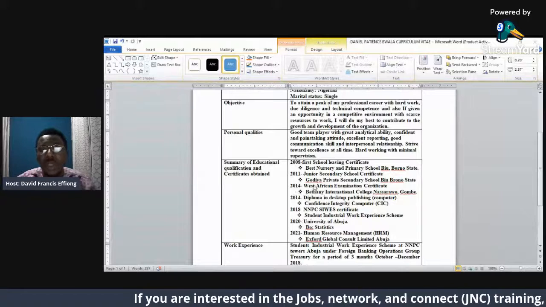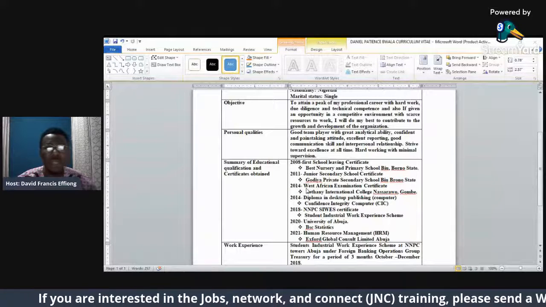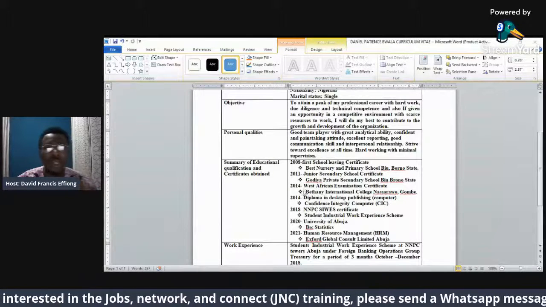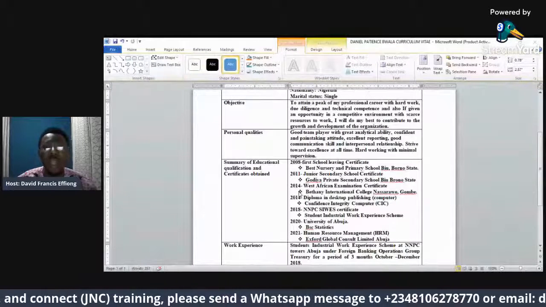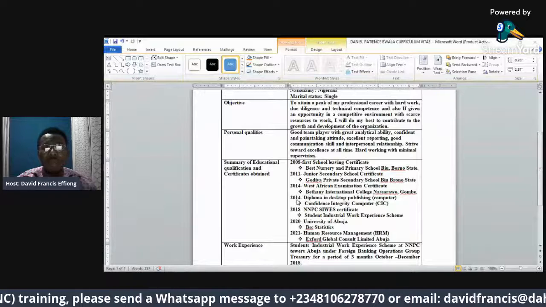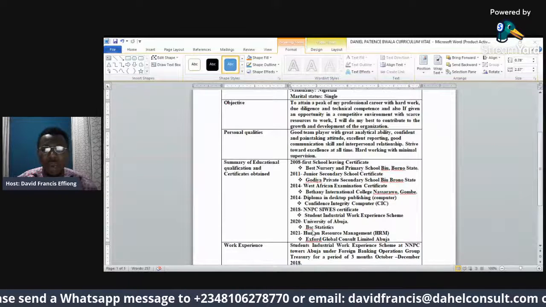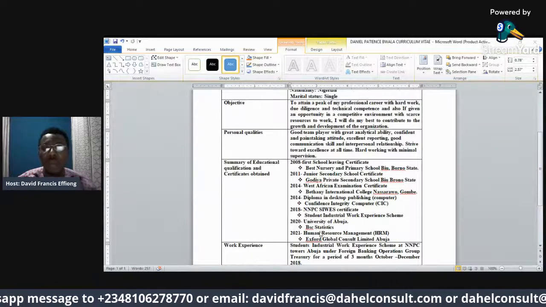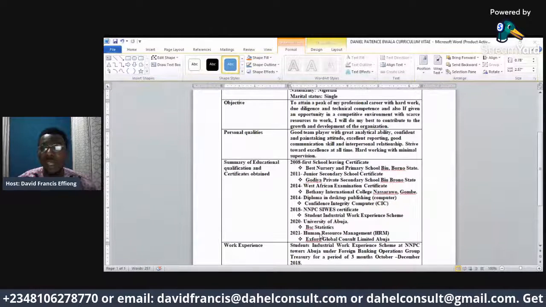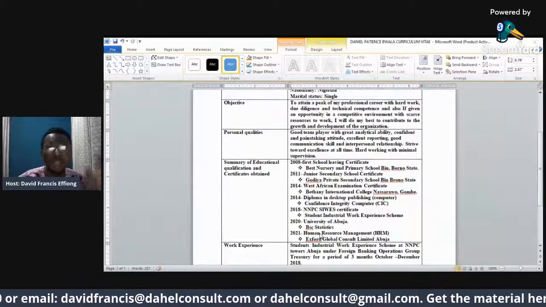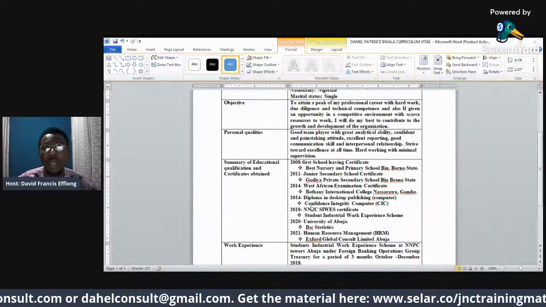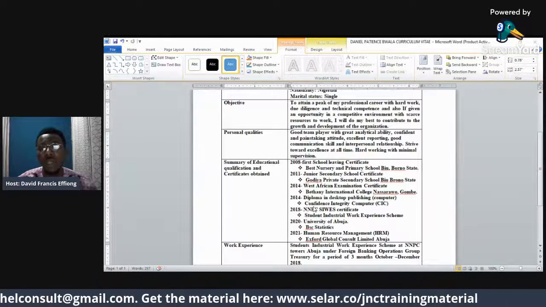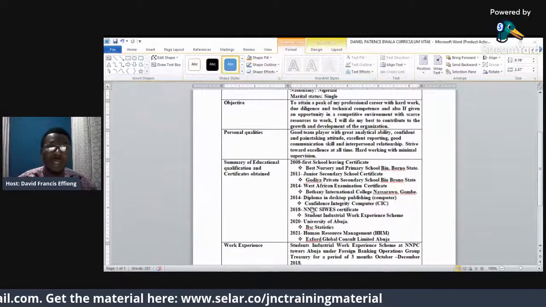And there is no need to put your first school leaving certificate. I think I've talked about this in a previous lesson. There's no need to put your first school leaving certificate when you have a BSc in statistics. And from what I'm seeing here, you have a human resource management certificate or something. That should come first. And then your diploma in desktop publishing should be the one to come last.